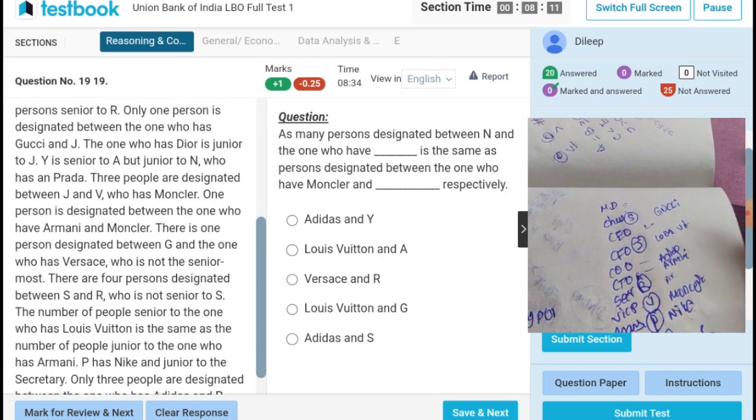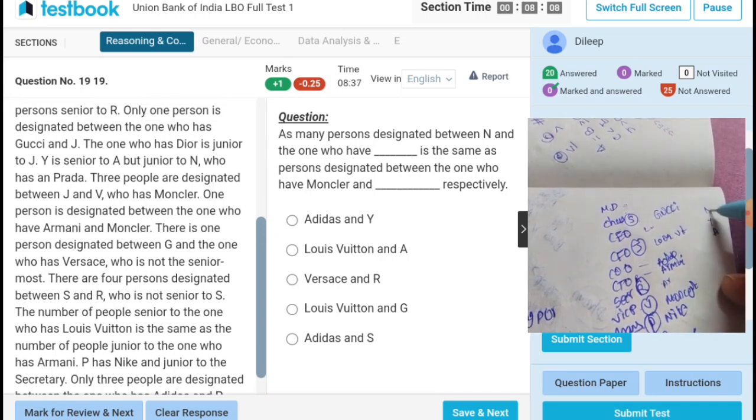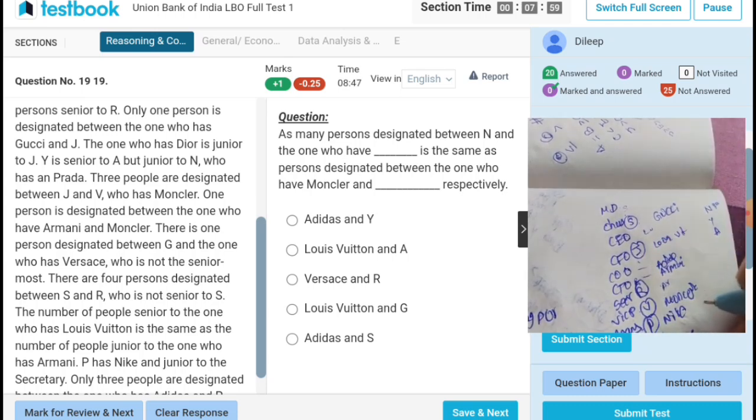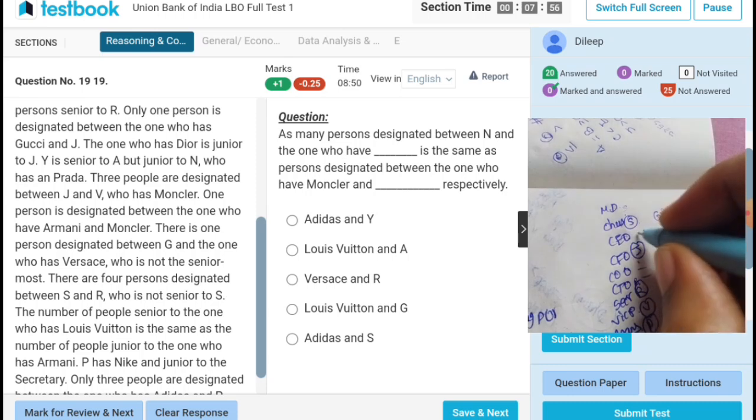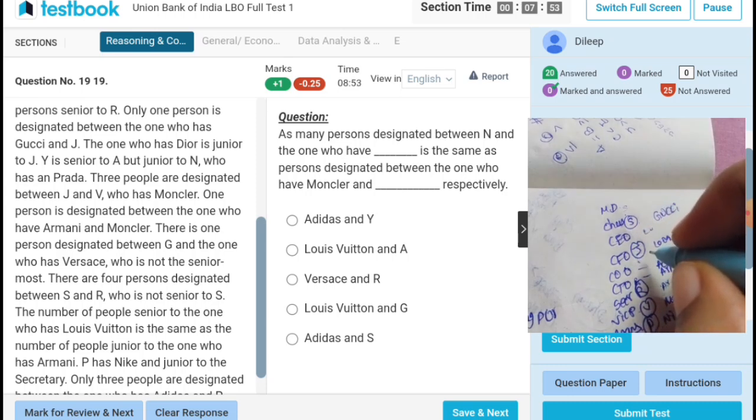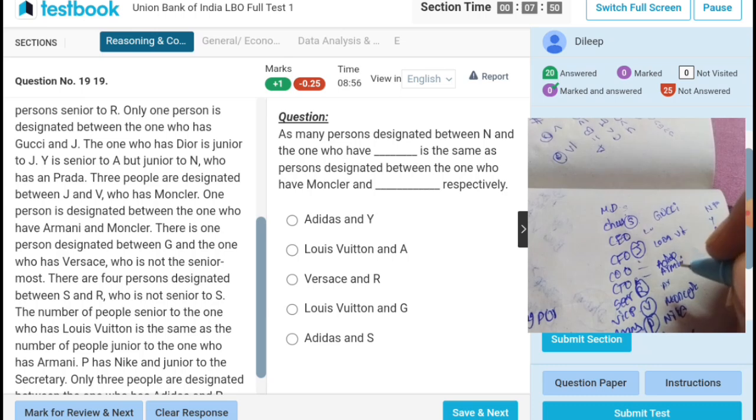Y is senior to A but junior to N. N is Panda. So Y is junior to G. Next, there is one designation between G and the verses.